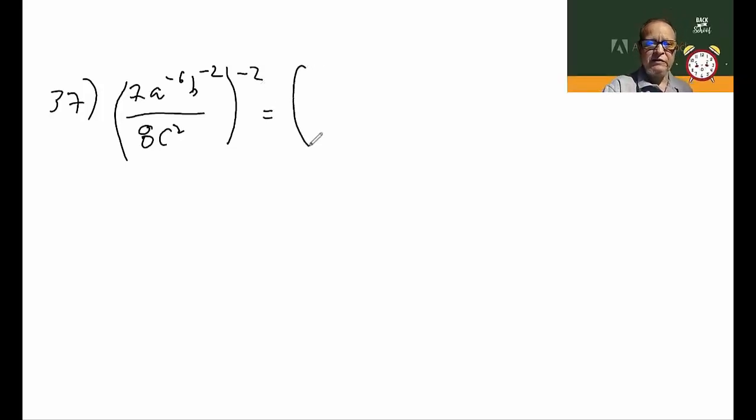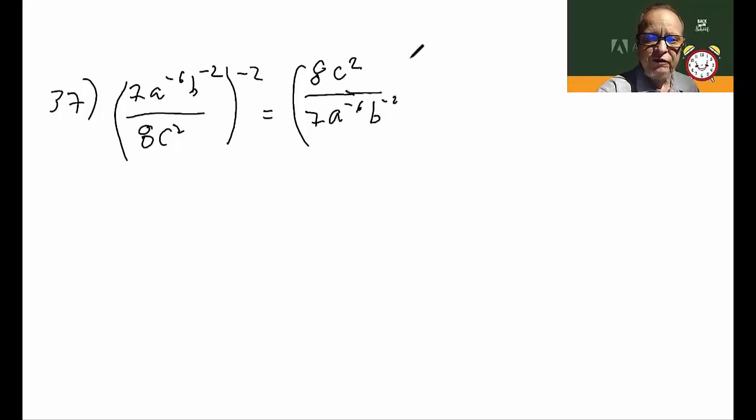So what that means is that I'll have 8c squared over 7a to the negative 6, b to the negative 2, and that'll be positive. Notice how these still remain negative inside there. The only thing I did was change this negative sign to positive by flipping this over.